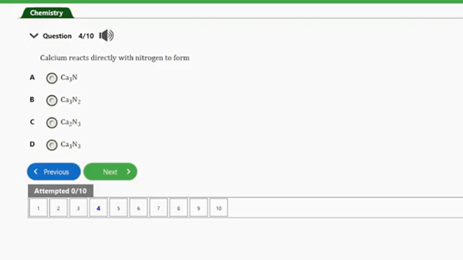Since nitrogen has a valency of 3, it will go to the calcium, and since calcium has a valency of 2, it will go to the nitrogen. So guys, that's just Ca3 and then N2. So the correct answer to this question will be option B here, and that's Ca3N2.